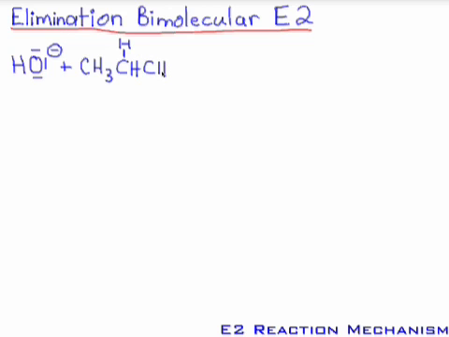And I'm going to draw a bromide. So propyl bromide is attacked by hydroxide. What we have here is the base goes for the proton. The two electrons from the carbon-hydrogen bond create my pi bond.